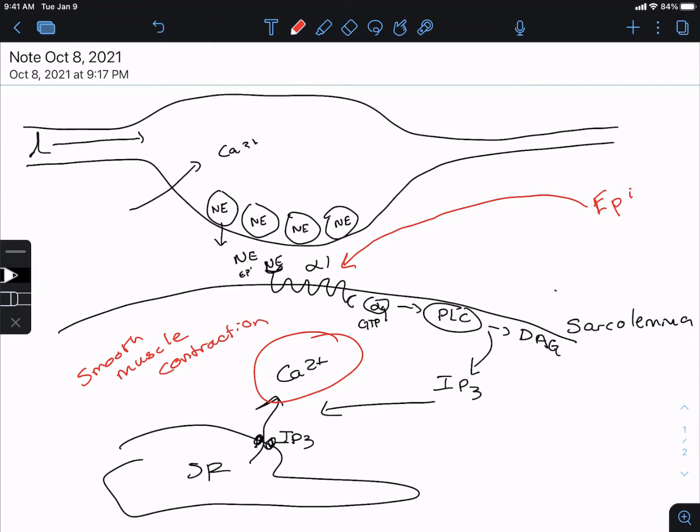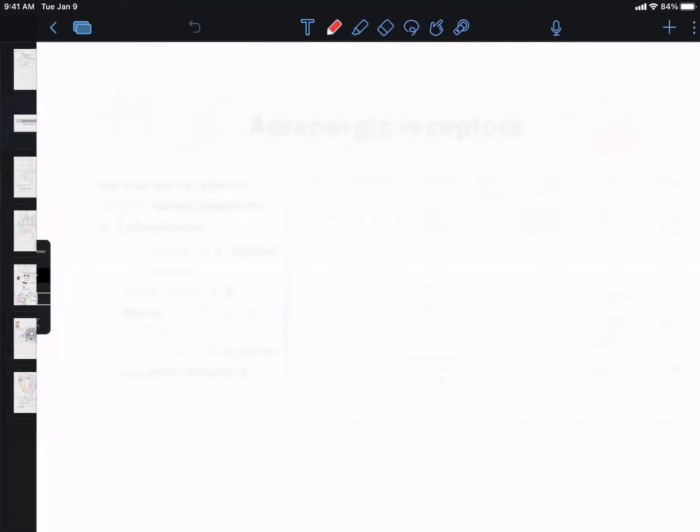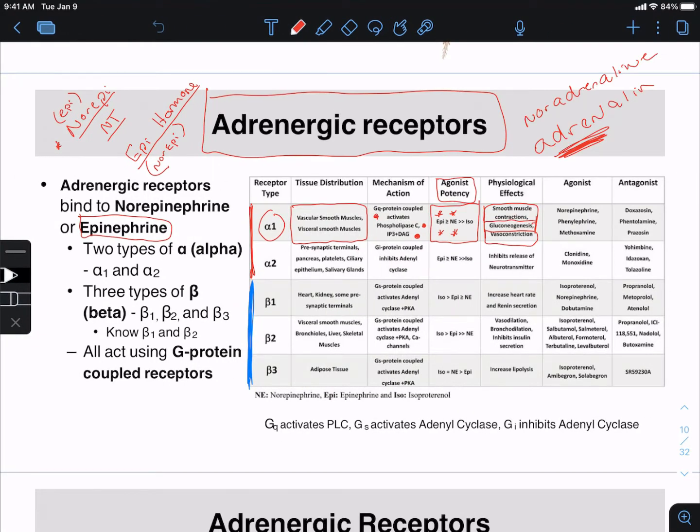So they both do it. Now let's go back to my figure here.